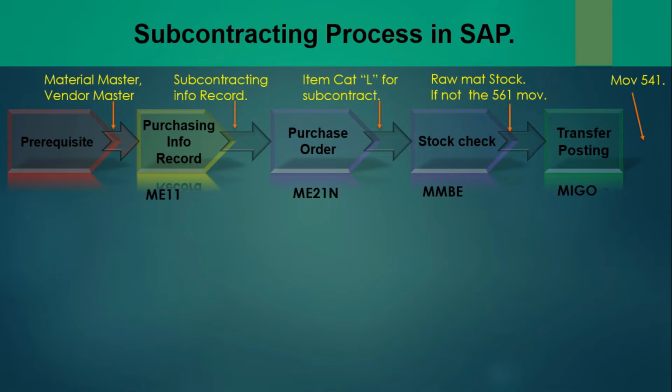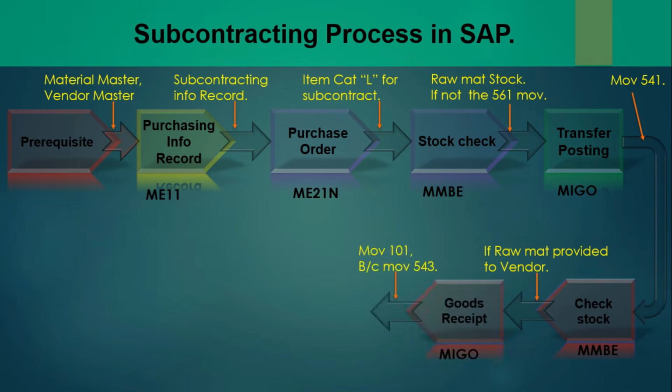Then we do transfer posting, meaning we provide that raw material to the third party company or vendor, that is transfer posting using MIGO. Then if the raw material is provided, we again check with MMBE what the status of that material is in our system.